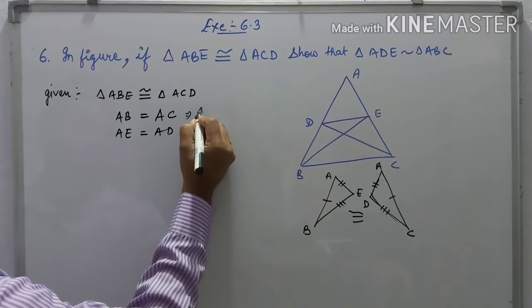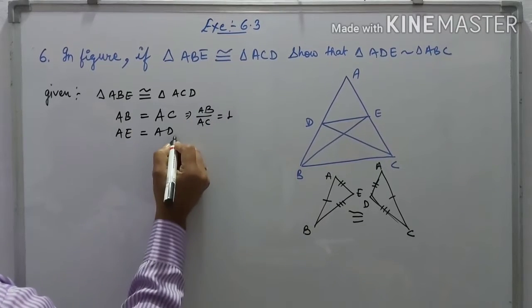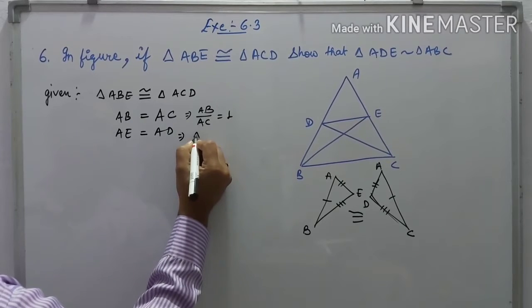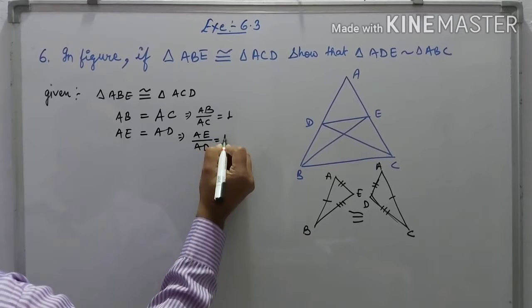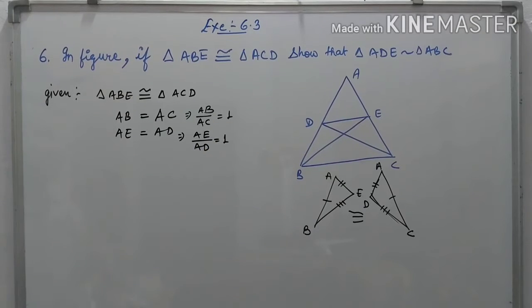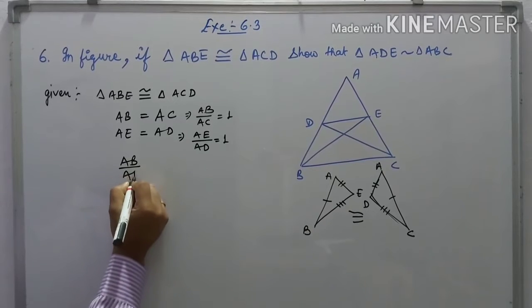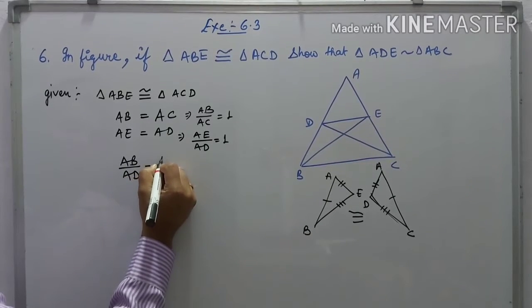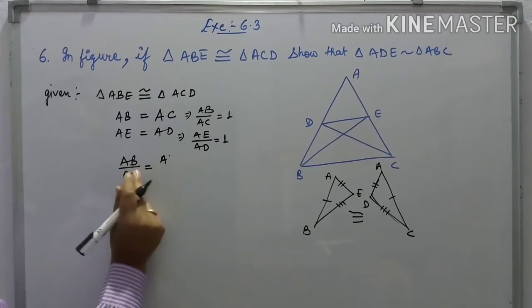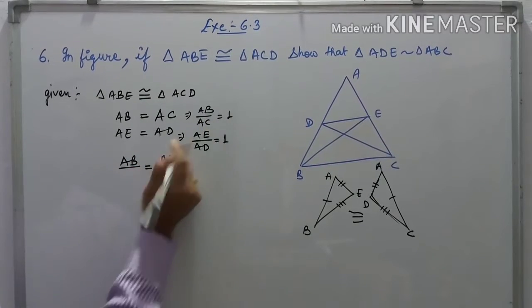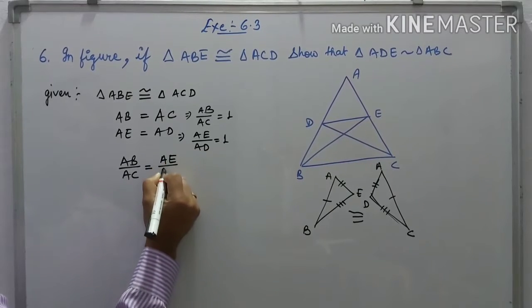Now first, AB is equal to AC, so you write AB upon AC is equal to 1, and the second condition, AE upon AD is equal to 1. It means AB upon AC is equal to AE upon AD.